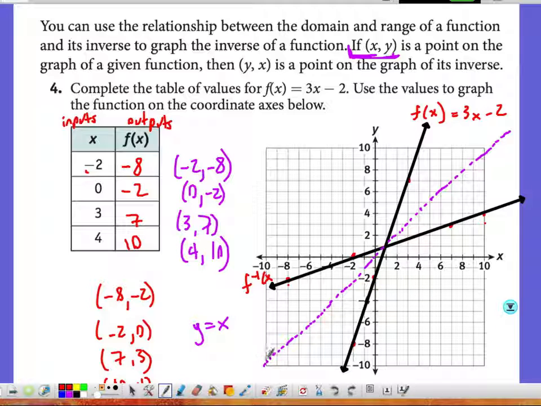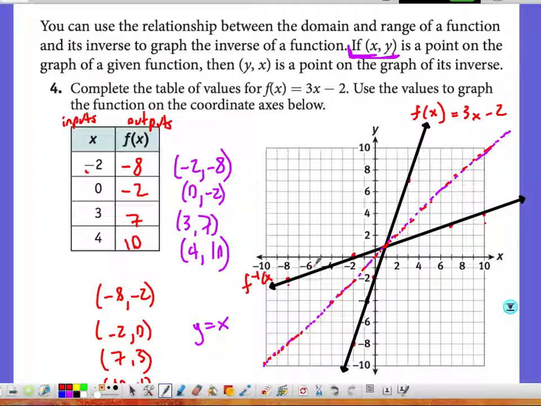But here's why we drew y equals x as a dotted line. Could you say that this f of x is being reflected across y equals x? And notice the point where they intersect is exactly where it crosses y equals x.